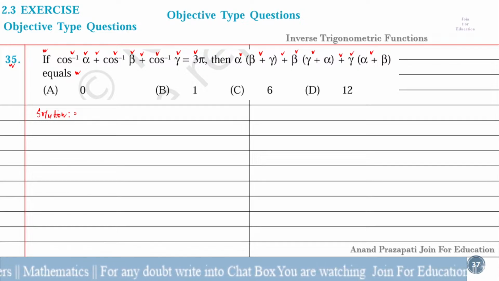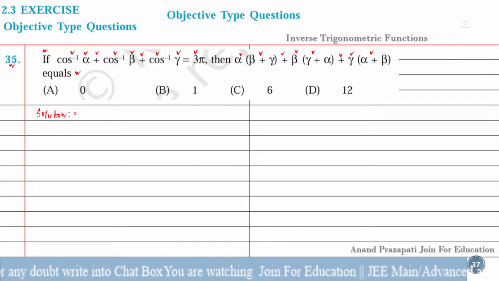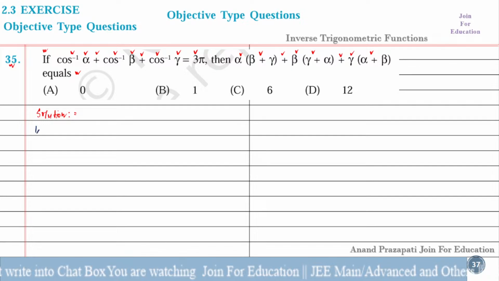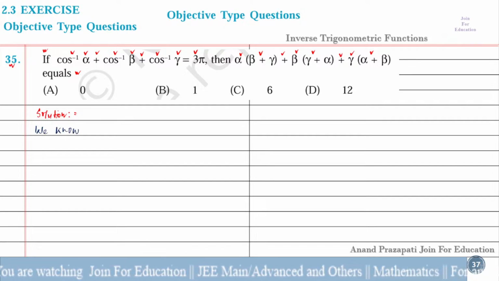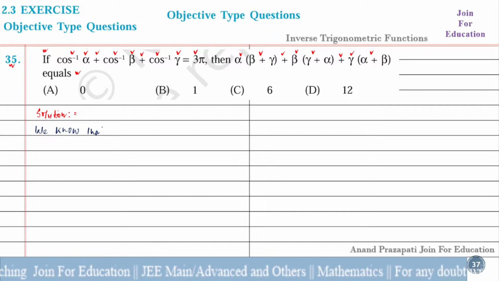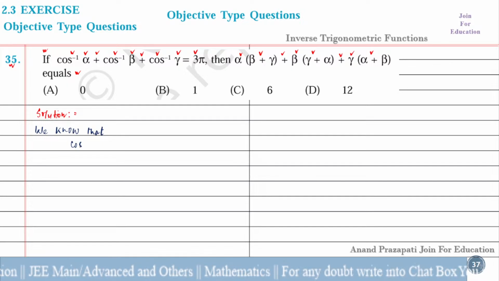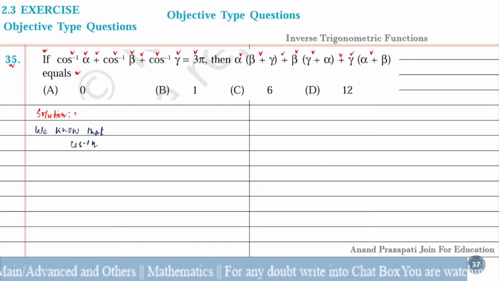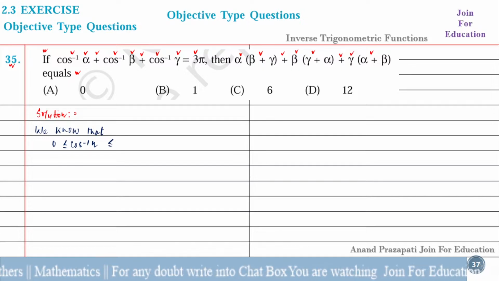So we know that cos inverse x is greater than or equal to 0 but less than or equal to pi.